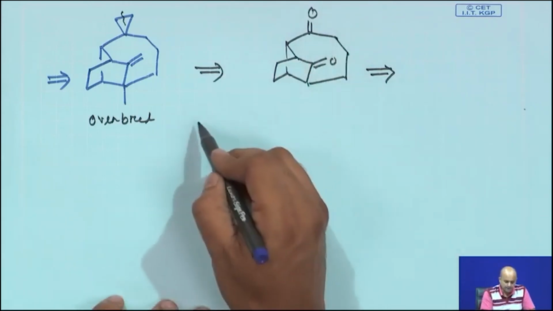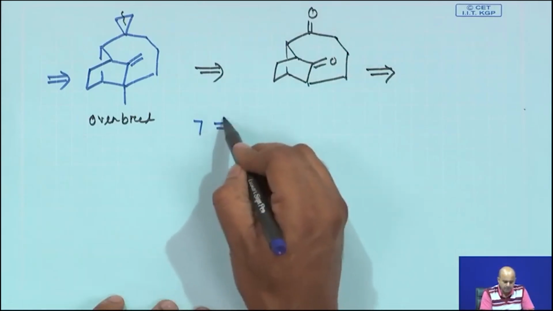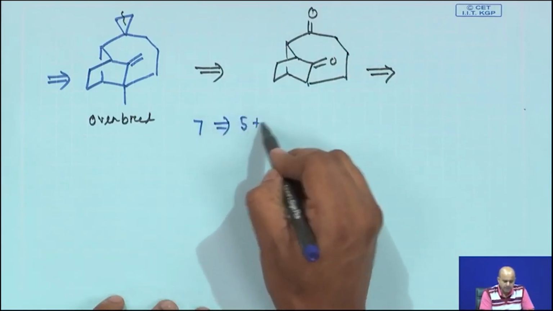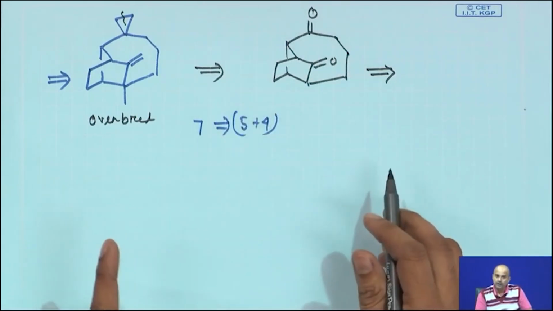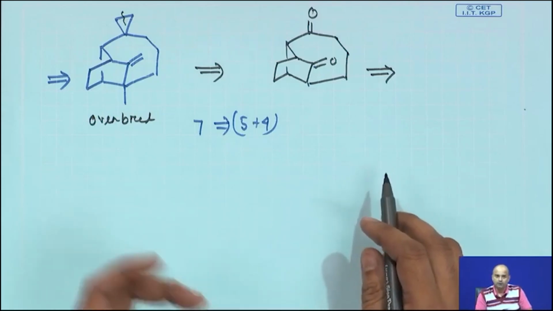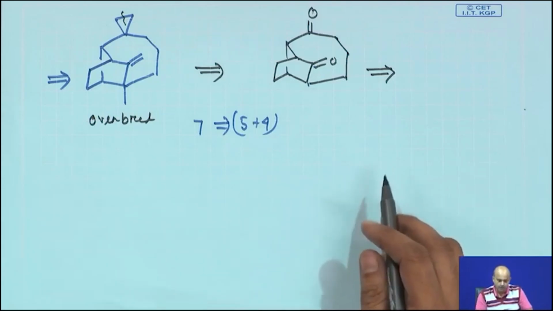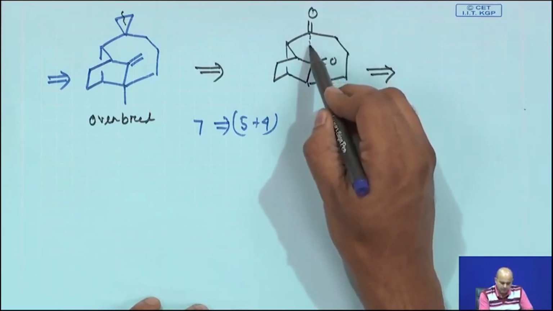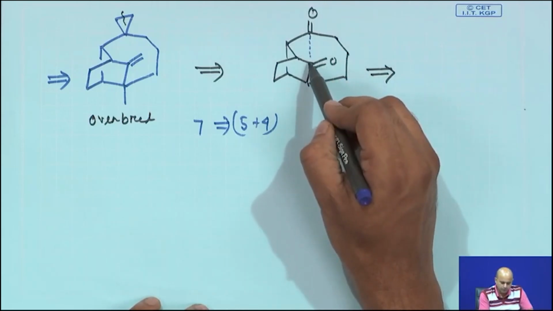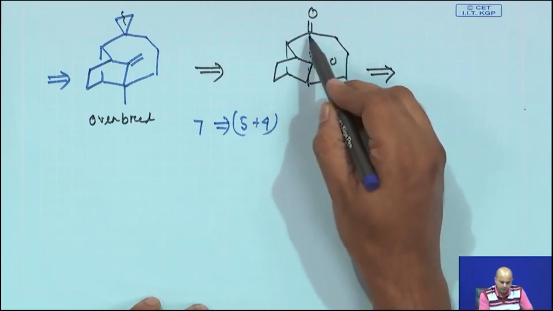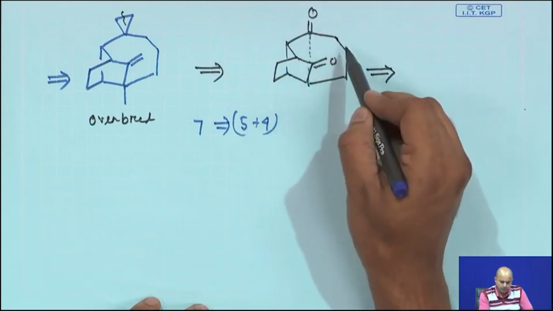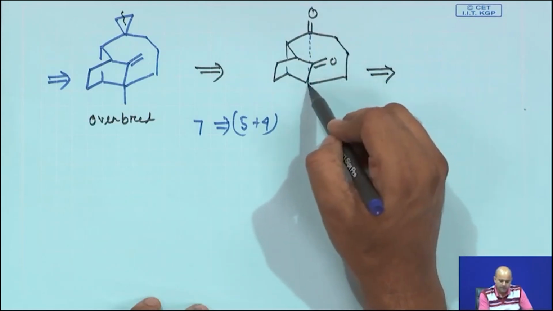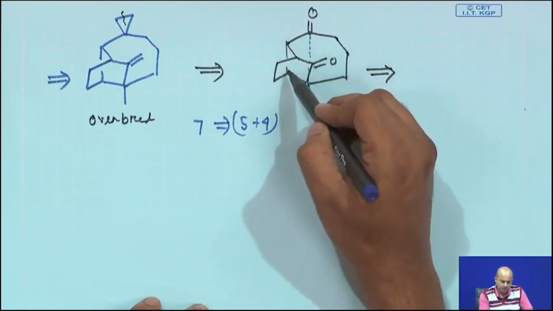The guideline is a 7-member ring you can basically construct from a 5-member and a 4-member ring through a DMAO type of reaction, and DMAO also is a cyclobutane-containing overbred. Now, you see, if you can connect these two bonds together, your right hand side is 1, 2, 3, 4, 5 and left hand side is 1, 2, 3, 4.